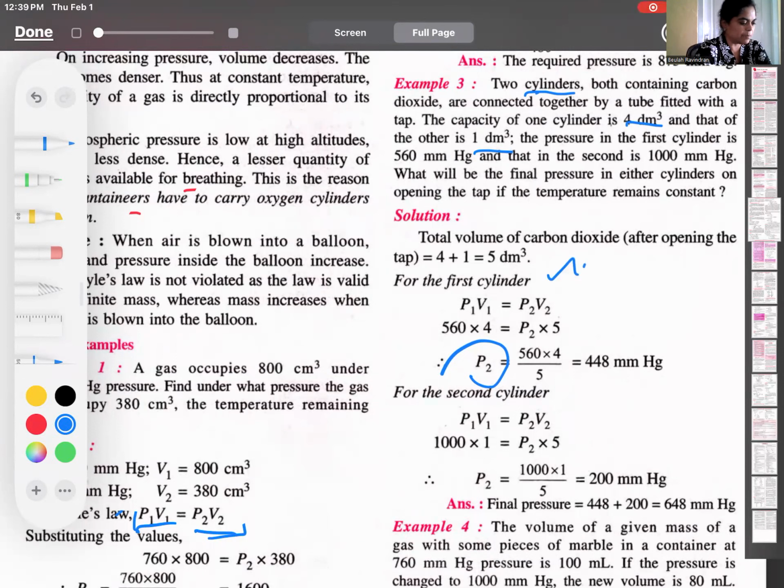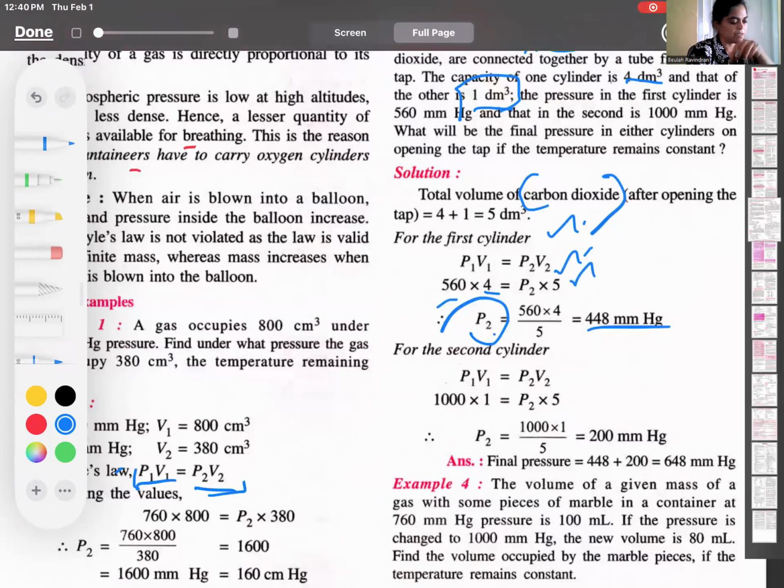P1 is 560 millimeter of mercury and the volume 1 is 1 decimeter cube, but as a total we are considering 5 volume. It is for the carbon dioxide. The total volume will be 5. So what is the pressure according to the 5 decimeter cube? That is 448 millimeter of mercury.